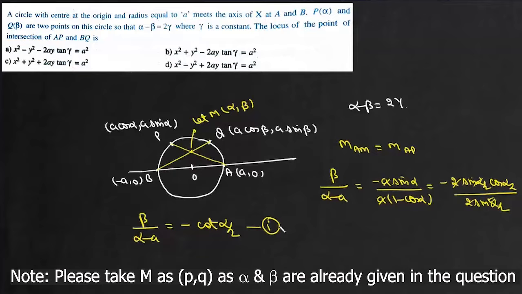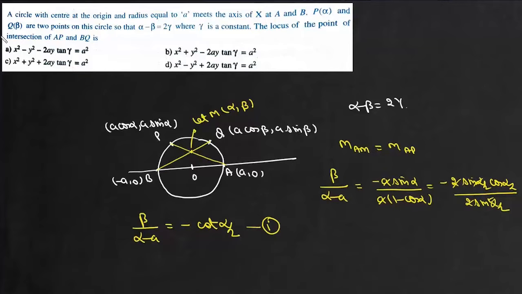And in the same way, B, M and Q are collinear. That means the slope of BM must be the same as the slope of BQ. Now the slope of BM is beta upon alpha plus a, and will be equal to a sin beta upon a times 1 plus cos beta.